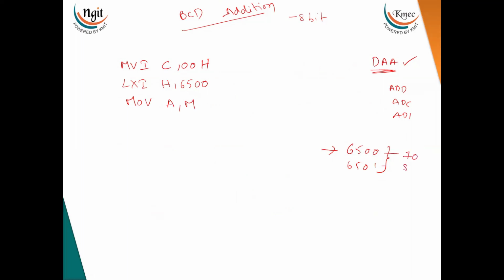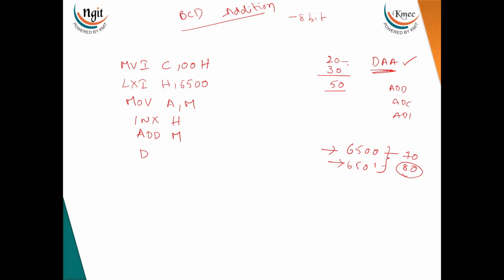Now for example, if I'm taking 70 and 80, this value must be in the accumulator. After that, increment the HL pair so that it points to the next location, and this value needs to be added with the accumulator, so we use ADD M. This value is added with the accumulator value. Now after that we need to convert the number. If it is decimal form only, for example if you are taking 20 and 30, then if you do the addition you will get 50.